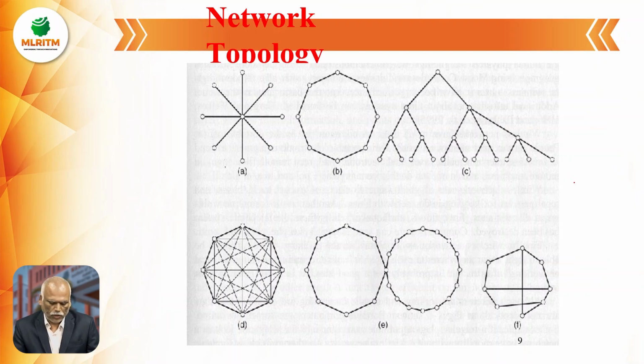The first diagram represents the star topology, then the ring topology, tree topology, then the mesh topology, then hybrid topology. These topologies are used to present the physical connection between the devices.